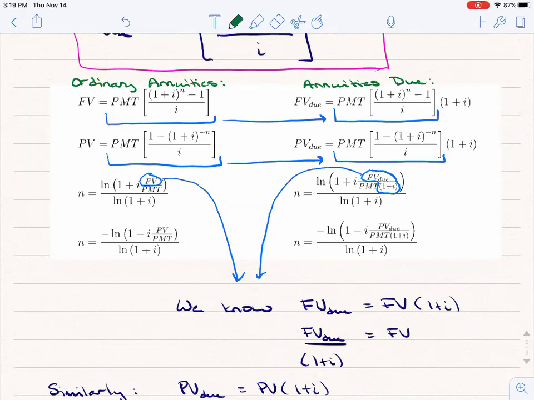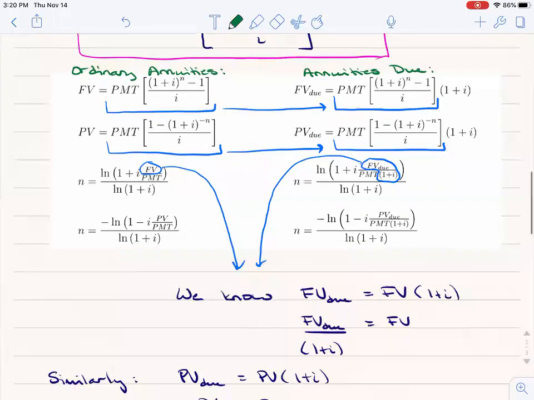Taking a step back, there's a lot of arrows going on, but hopefully they're pretty explanatory.